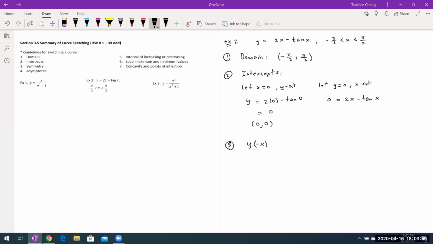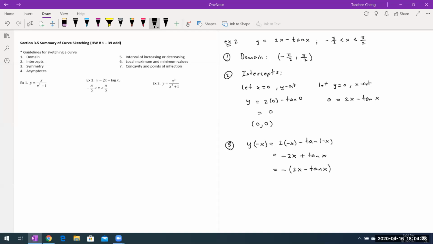Place the negative x into it, and that will become 2 times negative x minus tangent of negative x, which will give me negative 2x. And since tangent is an odd function, this negative can come out, so this will become plus tangent x. When I factor out the negative, we get negative of 2x minus tangent x.